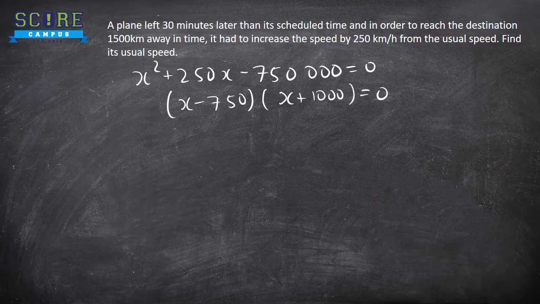Again, if you are not sure how to factorize it, do let us know and I will create a video on it. So x equals 750 or minus 1000. This is rejected because the speed of the plane cannot be negative. So this is your answer. The usual speed is 750 kilometers per hour. That's it.